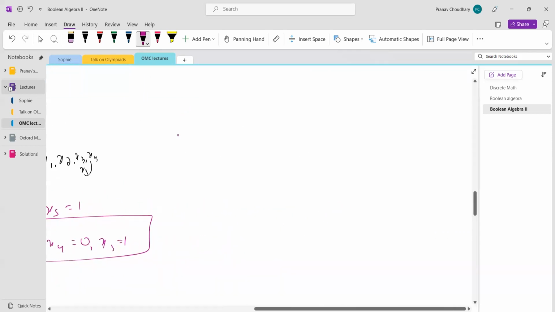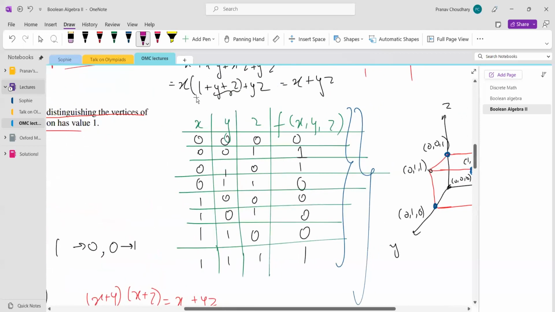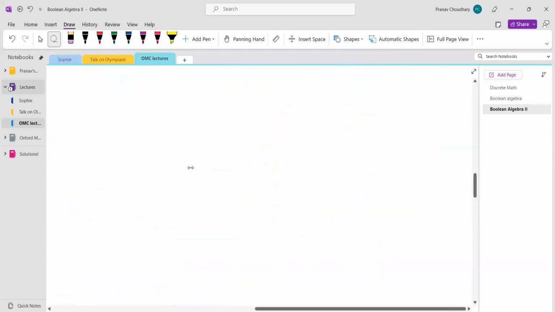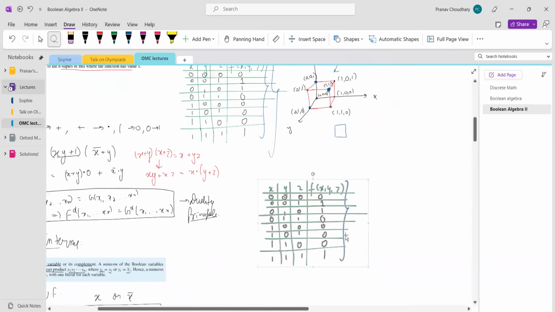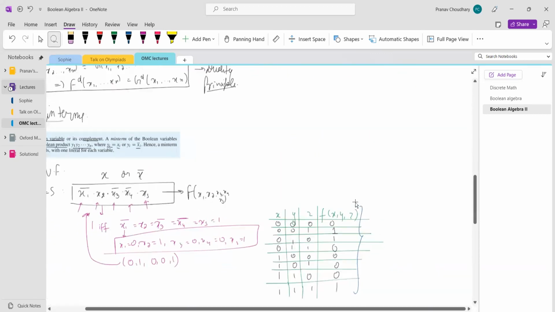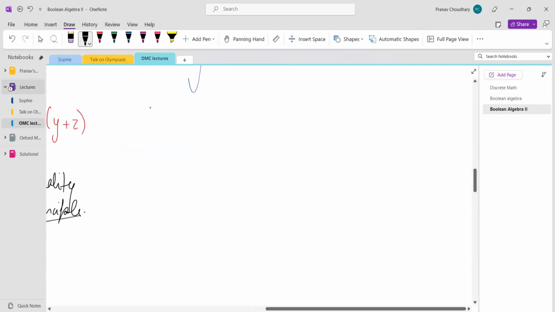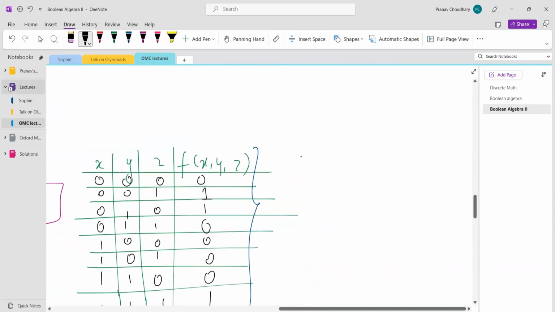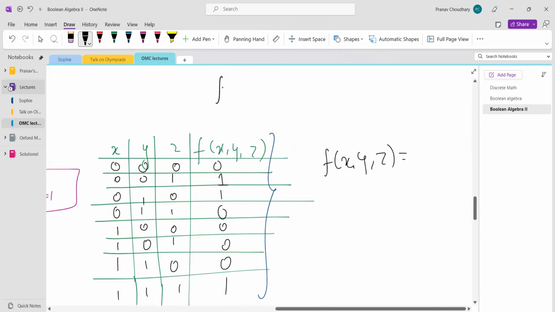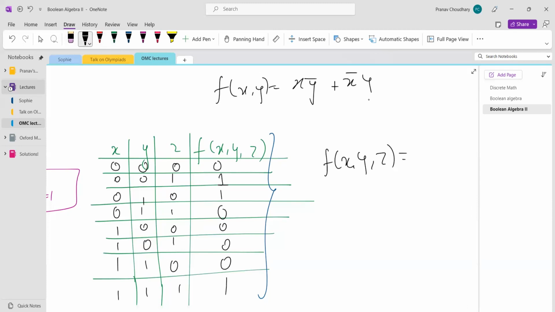So now, if I give you the function which we took before, let's consider this function. Can you write f of x, y, z in terms of variables? Something like xy conjugate is a valid thing in terms of variables, or even plus this thing. It shouldn't be just one term, but can be multiple terms.